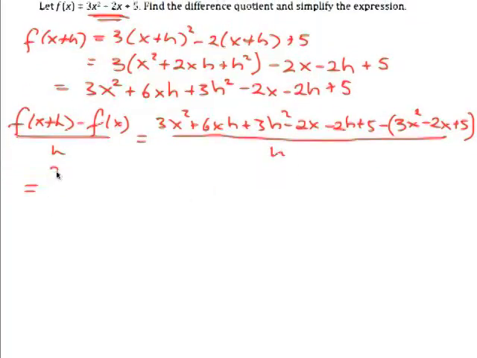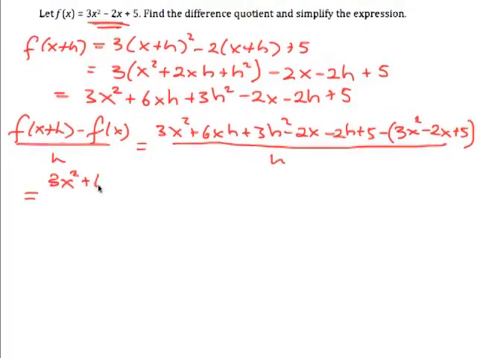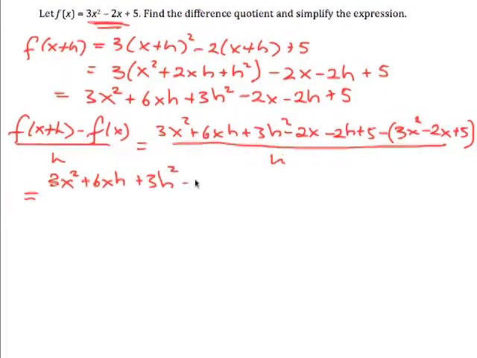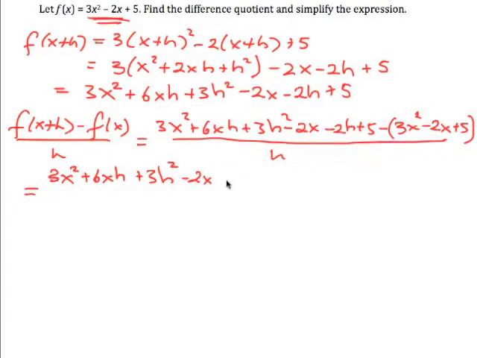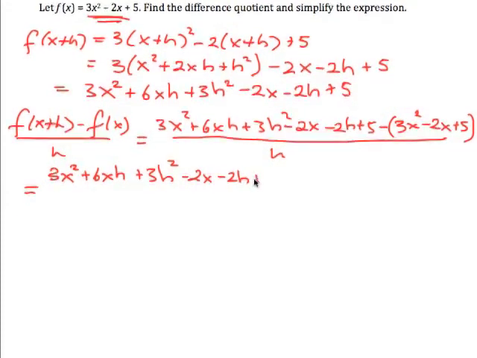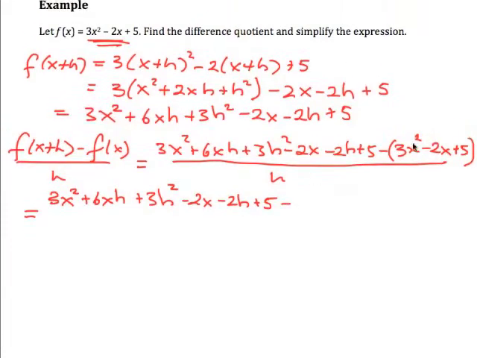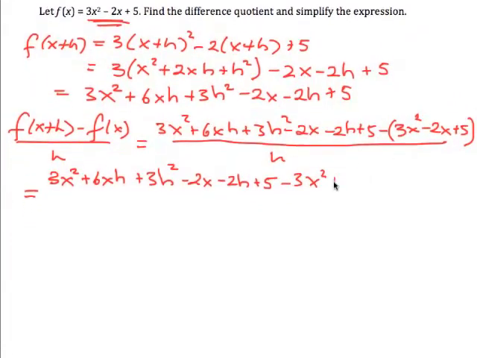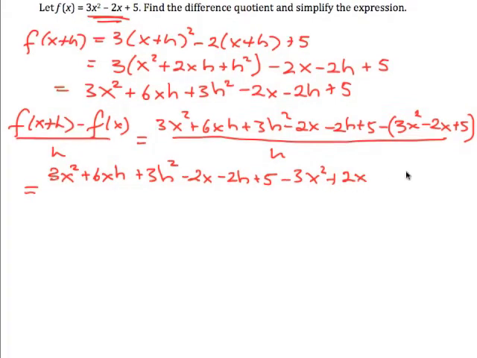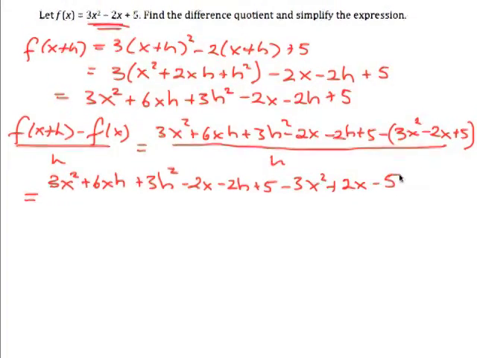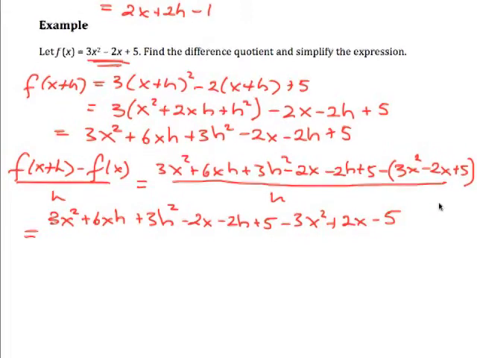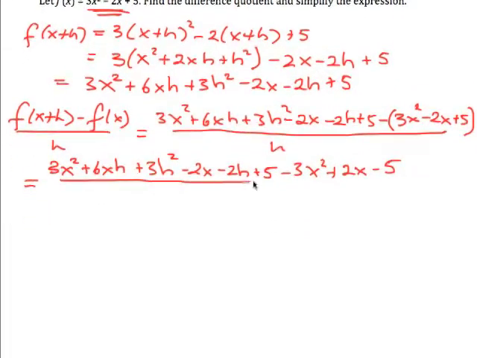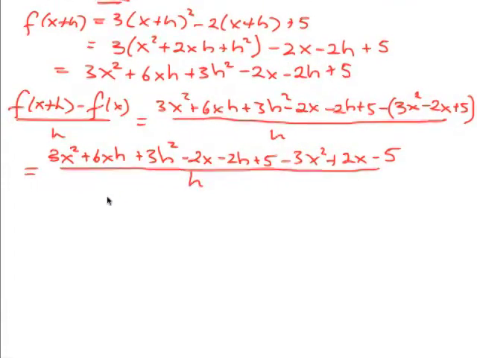So this becomes 3x squared plus 6xh plus 3h squared minus 2x minus 2h plus 5. Now we need to distribute the negative, so it's going to be negative 3x squared plus 2x subtract 5 when we distribute the negative into the 5. So we're dividing this by h.